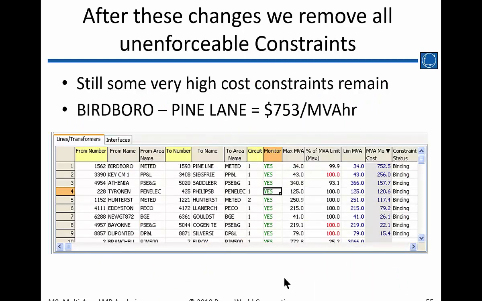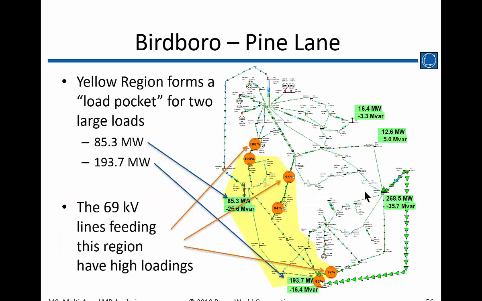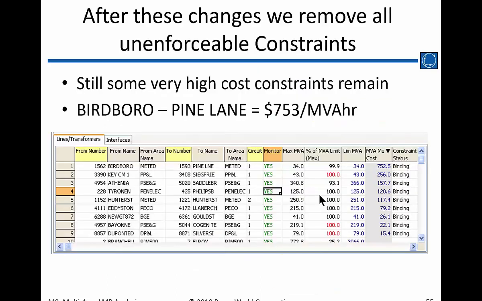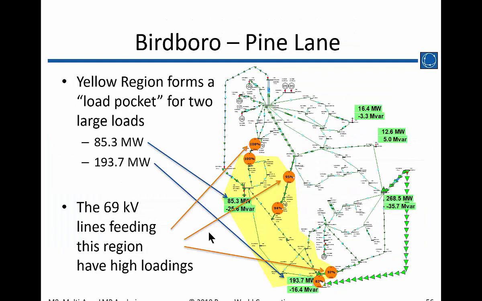In this particular example, once all those things are either ignored or fixed, then there's just a few remaining loads. And kind of like in our example, these are tied to a load pocket, which we saw in the San Diego area. In this case, if you draw kind of a one-line diagram in the region of these binding constraints and contour that, then you see that there's a bunch of load kind of inside this.